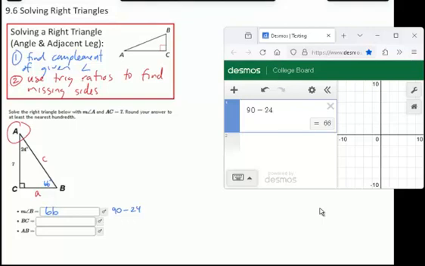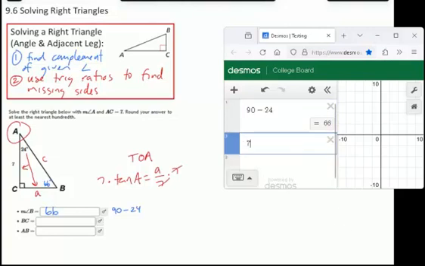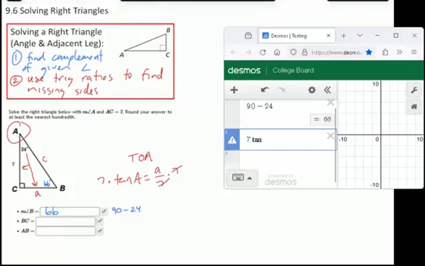So with respect to A, I want to find the opposite leg, and I know the adjacent leg. So which trig ratio relates opposite and adjacent? TOA, so tangent. So the tangent of A is equal to my opposite a over my adjacent 7. And so when I'm calculating this, multiply both sides by 7, I get my answer here of 7 times the tangent.